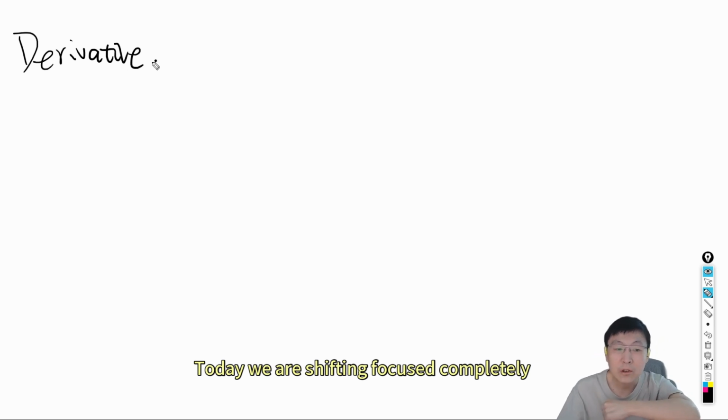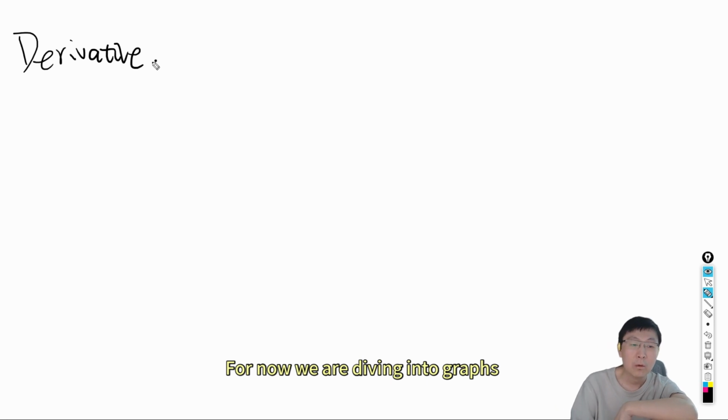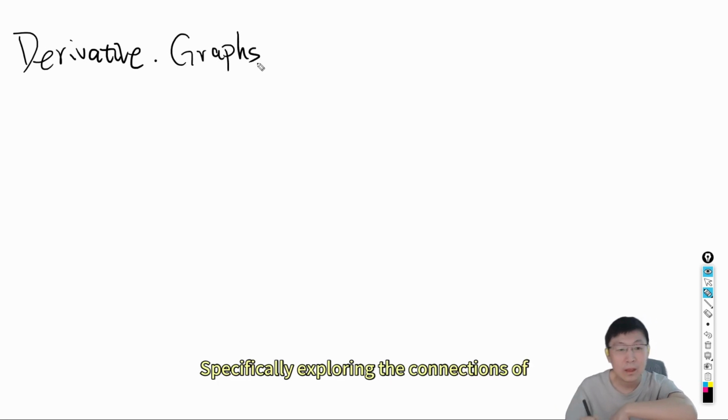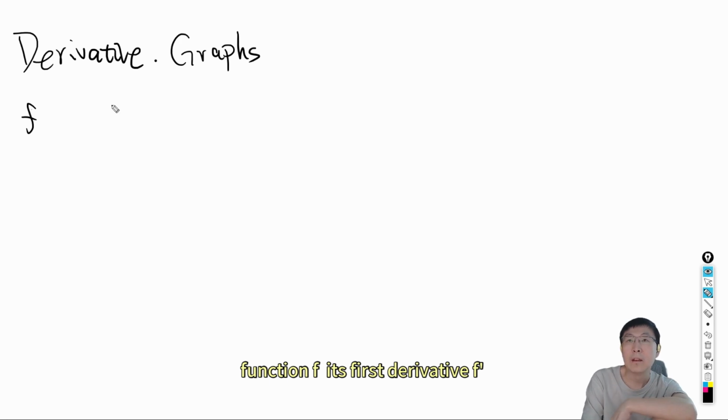Today, we are shifting focus completely. Forget about the calculations for now. We are diving into graphs, specifically exploring the connections between function f, its first derivative f prime, and the second derivative f double prime.